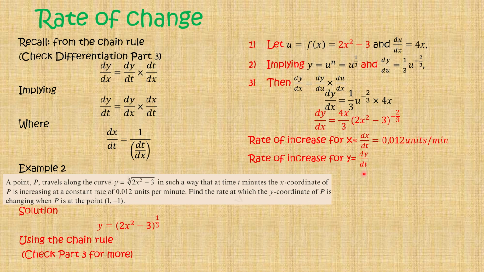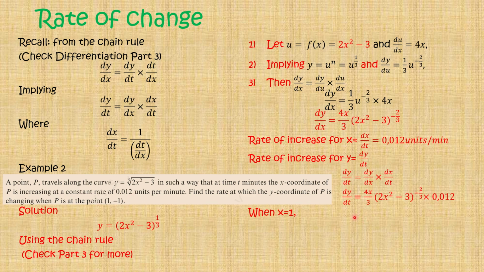Now, with the information that we have, we are going to find dy/dt by substituting for dy/dx times dx/dt. So we know what dy/dx was, which we obtained using the substitution method or the chain rule. That was 4x over 3 times 2x squared minus 3 raised to the power minus 2/3 times dx/dt, which we were given from the question of 0.012.